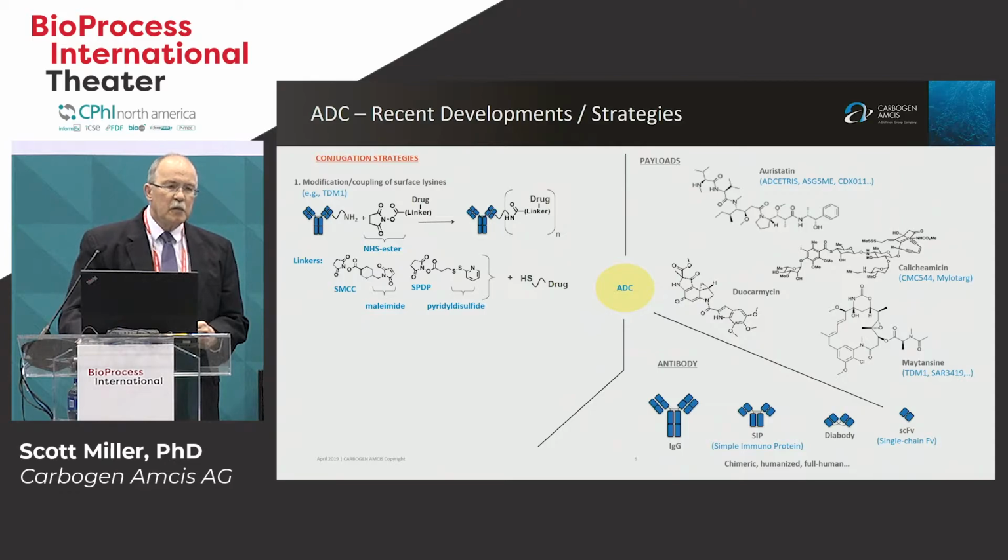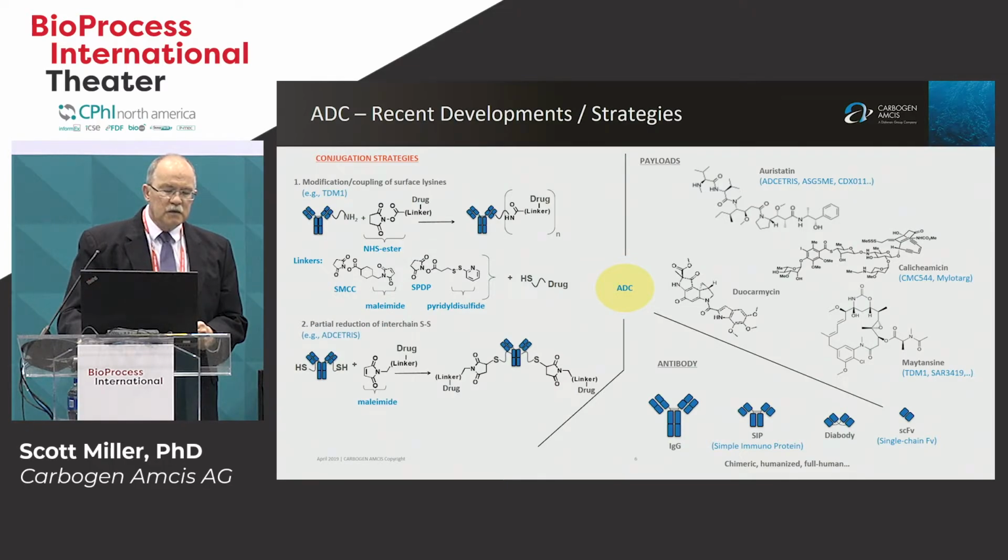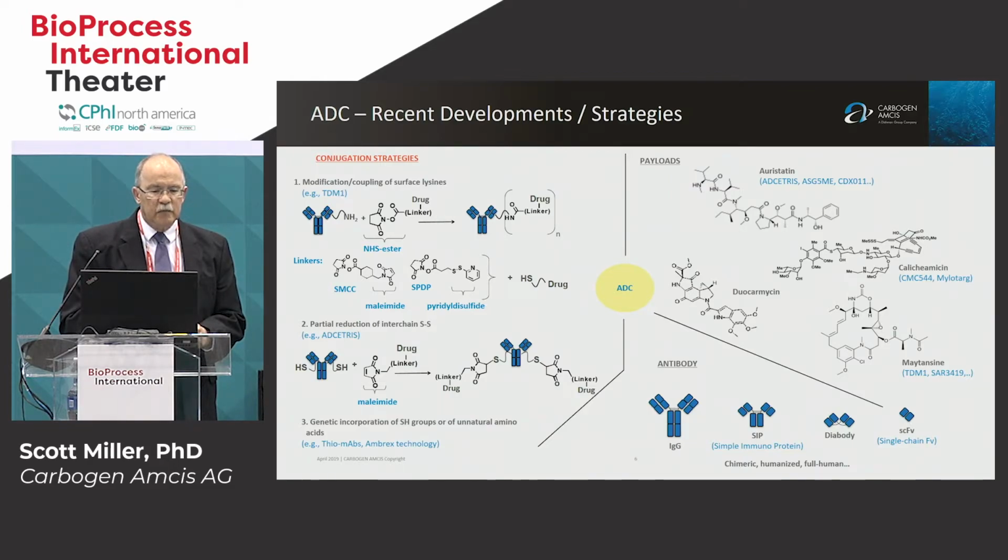An example of this on the market would be TDM1, Kadcyla, and you use various linkers to activate the surface lysines to attach the drug. The second approach would be interchain disulfides, and Adcetris is an example of this. And then genetic incorporation of single thiol groups that can be specifically conjugated by use of unnatural amino acids. So this is also currently being developed.